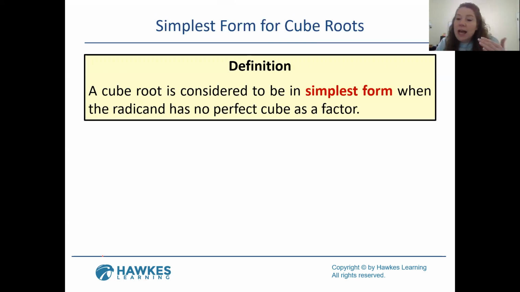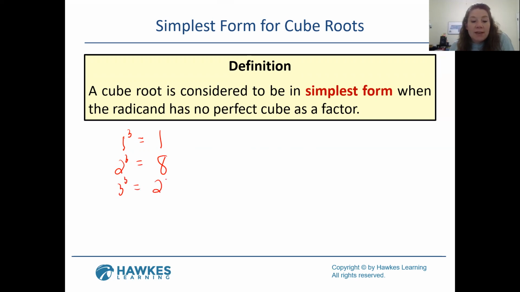All right, you also will have cube roots, okay? So since we did the first 15 perfect squares, you need to be familiar with maybe 5 or 6 perfect cubes. So 1 times 1 times 1 is 1. 2 times 2 times 2 is 8. 3 times 3 times 3 is 27. 4 times 4 times 4 is 64. 5 times 5 times 5 is 125.